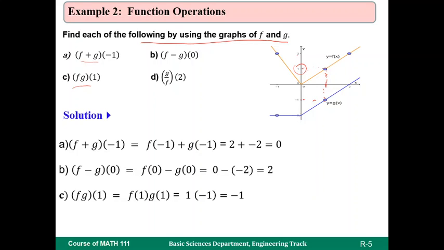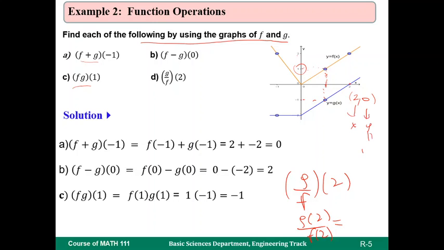Now g over f of 2, g of 2 divided by f of 2. So we need to calculate g of 2. Where is 2 here on the graph of g? It's here, so this is the point 2, 0. So this is x, this is y on the graph.